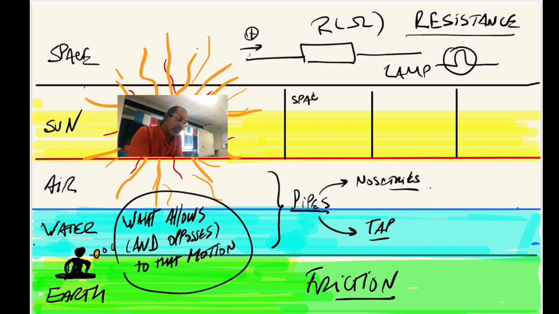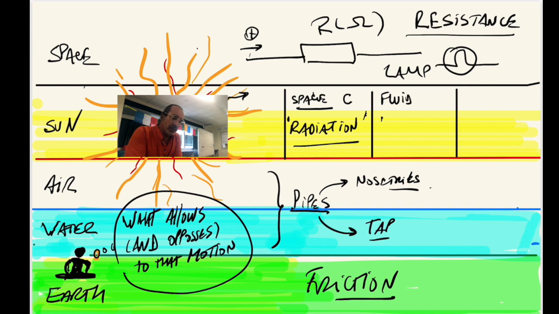If it's going through space, here, there is nothing, right? There are just rays of light traveling through space at the speed of light. We call that radiation. So transfer of heat through space is what we call radiation.